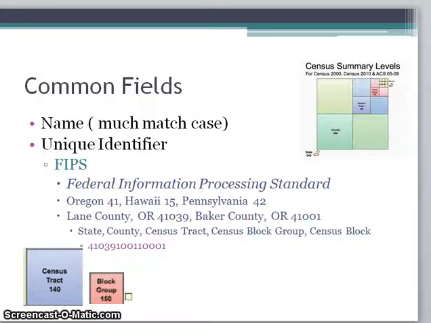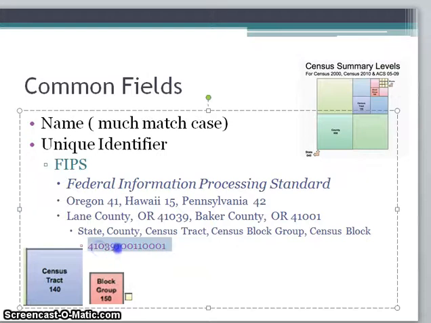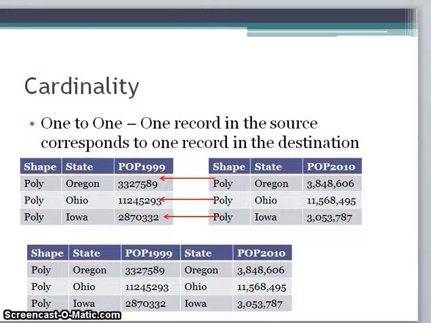So the official name for that block group is 41 for the state, 39 for the county. This is probably the census tract, this is probably the census block, and this is probably the block group. So appended all together, that would make a unique identifier.